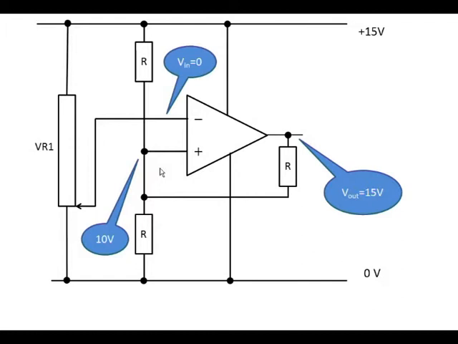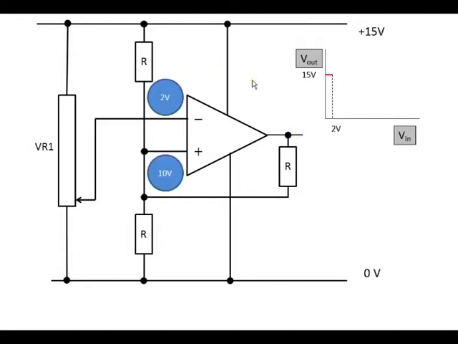Let's now consider what happens as we raise the potential on the inverting input. We raise it from 0 volts and gradually, using this potentiometer VR1, raise its potential to 15 volts. We'll plot the output Vout against the input voltage Vin on this graph here. Because the output is currently at 15 volts, it remains at 15 volts.